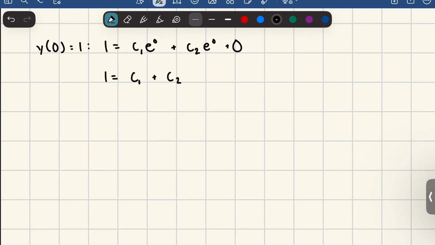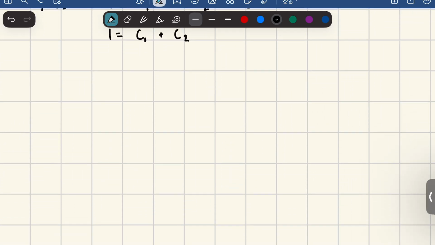Yeah, I need my second equation. I can't really do anything with this. Condition 1, 0. Yeah, okay.